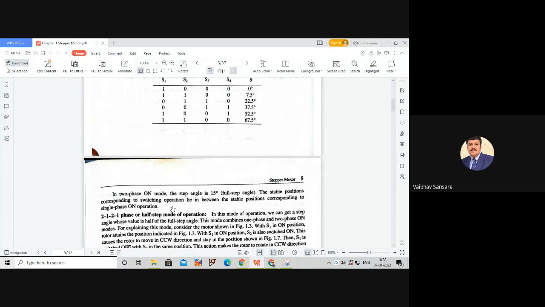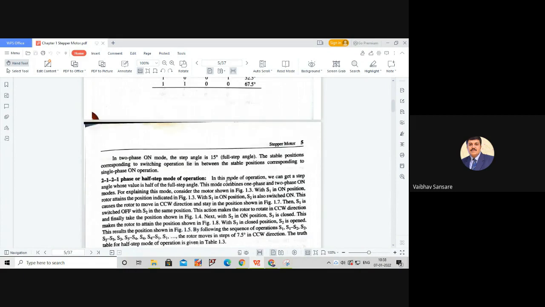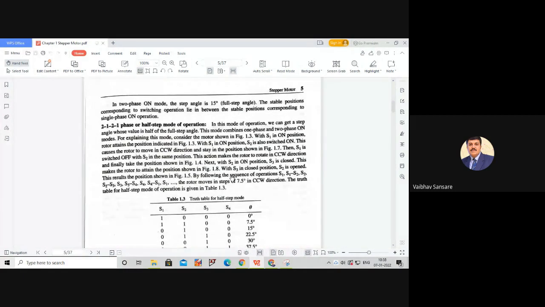So the actual rotor position is in between single phase on mode. Now this is somehow interesting.